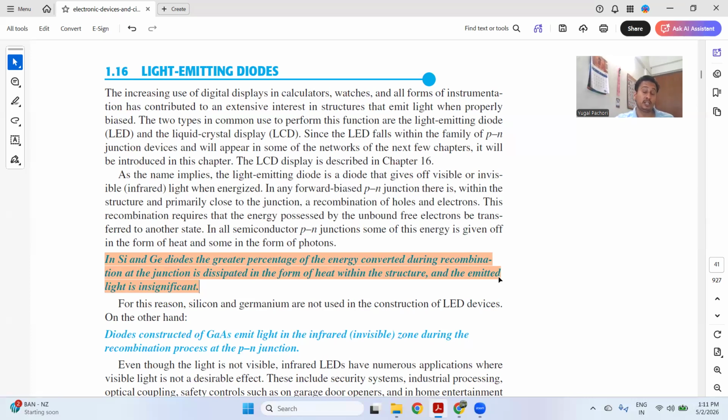And these kinds of materials are known as direct band gap semiconductors. In indirect band gap semiconductors, the energy is dissipated in the form of heat, and in direct band gap semiconductor material, the energy is dissipated in the form of light. So this is the difference. Silicon and germanium are examples of indirect band gap.